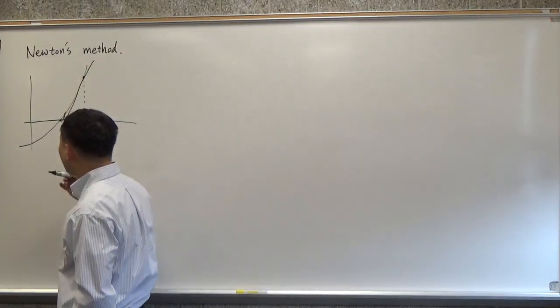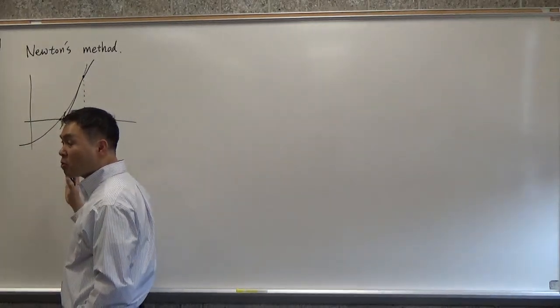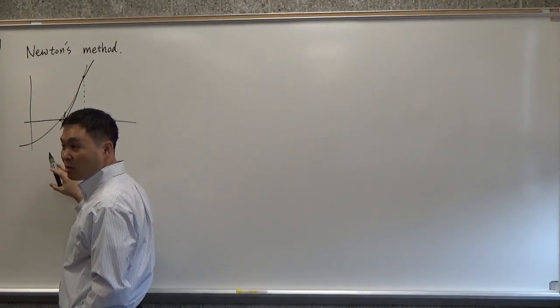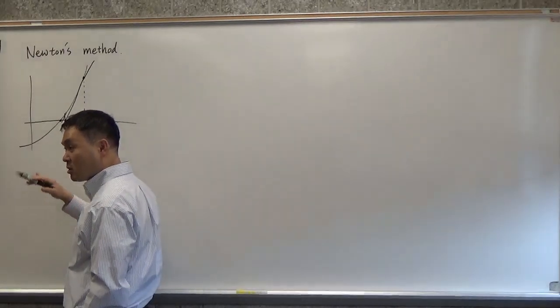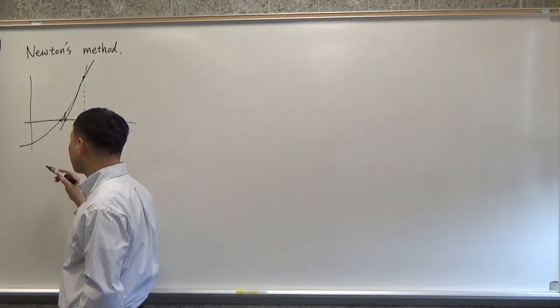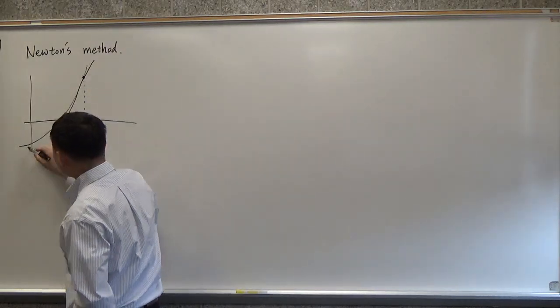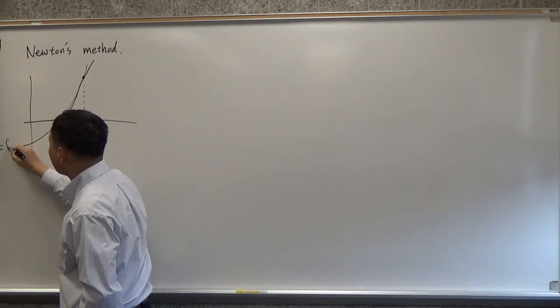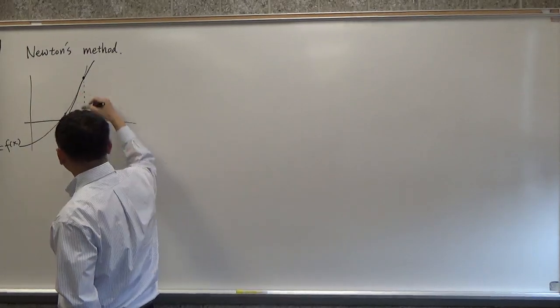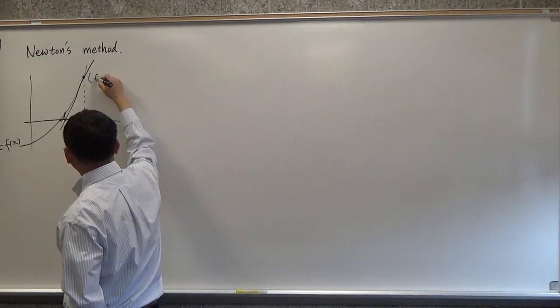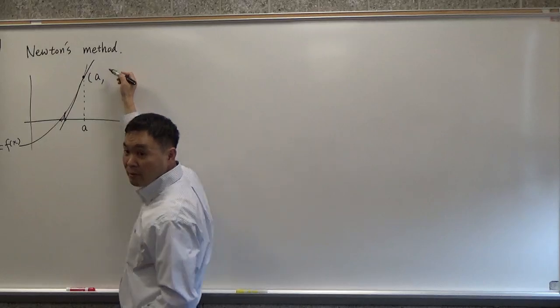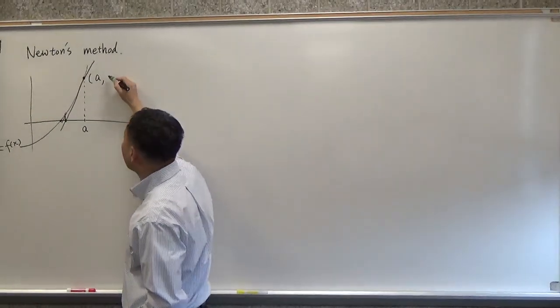Okay, so I first want to show you the formula for this, and I will apply that formula to the square root problem. Let's say we have in general a function y equals f of x. If the x coordinate is a, what's the y coordinate? f of a, right?